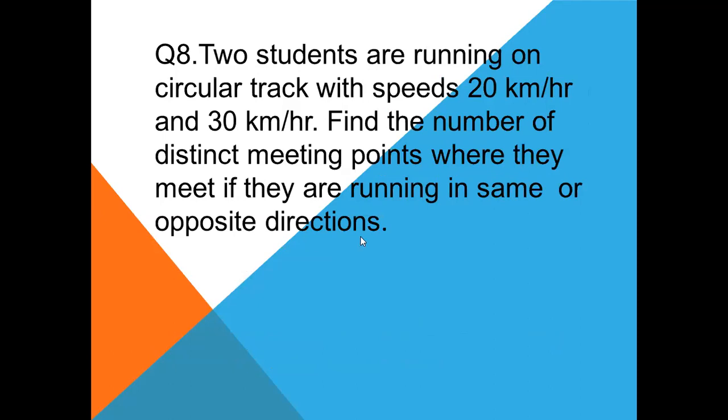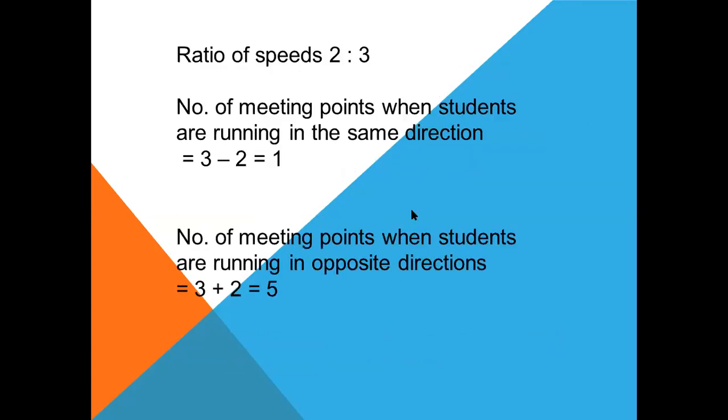The first speed is 20, the second speed is 30, so the ratio of the two speeds is 20 divided by 30, that is 2:3. The number of meeting points when running in the same direction would be 3 minus 2, that is 1, so they would meet at only 1 point.